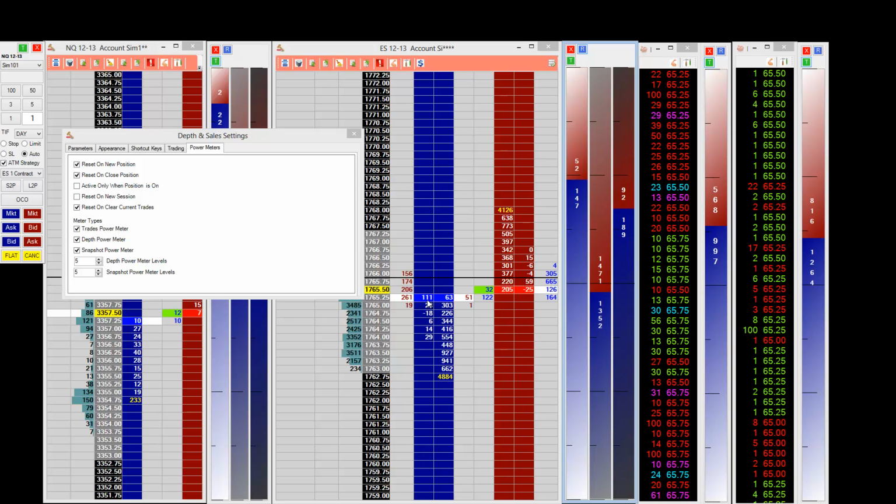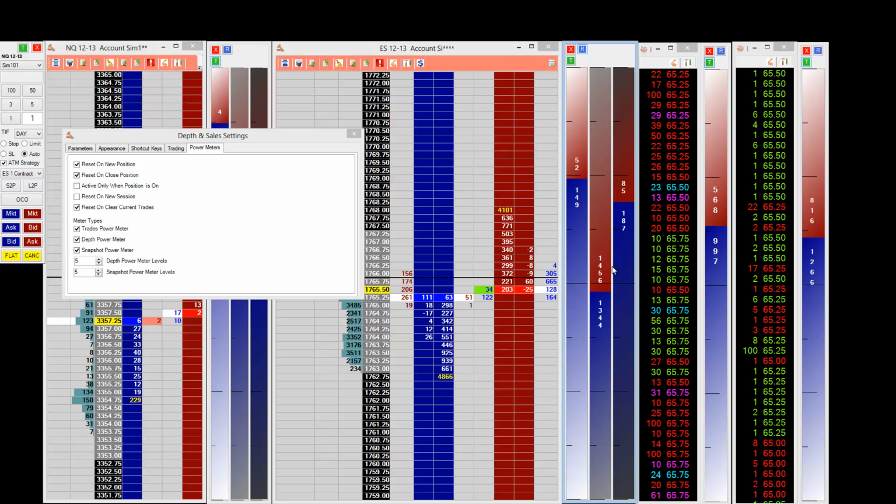Similarly, what we can see on the blue side here, on the bid side, is we're taking all the positive numbers from the snapshot and adding them here, and taking the negative numbers from the offer snapshot and adding them in here too. So we're trying to be a bit more intelligent and saying, okay, adding to the offer is kind of the same as subtracting from the bid. It's a kind of a bearish signal.